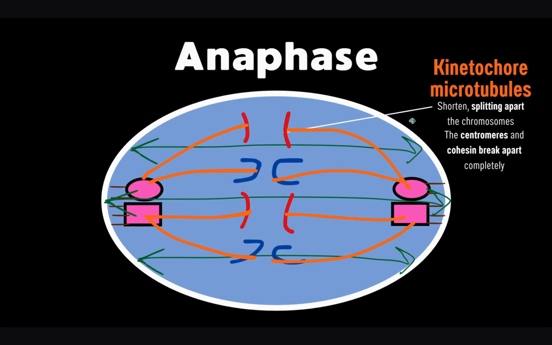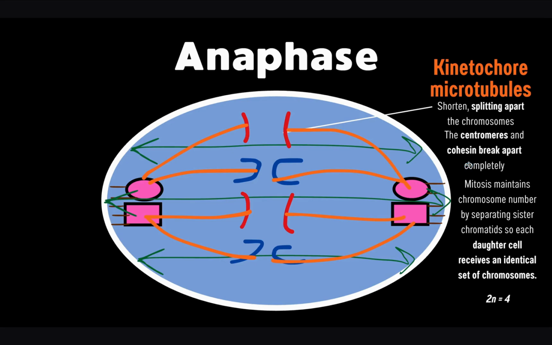And the centromeres and cohesion, therefore, they break apart completely. The glue is no longer there. And this helps maintain that the chromosomes have an identical set because remember, sister chromatids are twin sisters. They are the same strands of DNA that has been condensed. So that basically is evenly distributed across the cell. So we can see red here, corresponding red here, blue here, corresponding blue here.